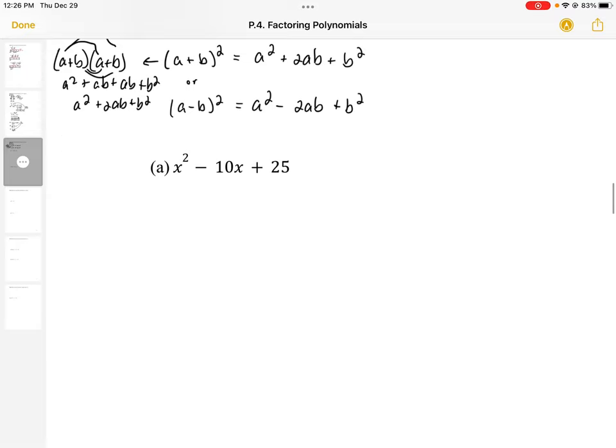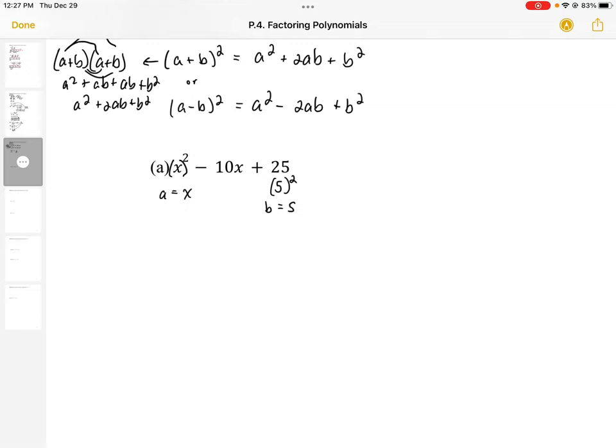So in example A, we have x squared minus 10x plus 25. We already have a base of x that's being squared, so our a in this case is going to be equal to x. The last term, 25, we can rewrite as 5 squared, which means that b would be equal to 5.